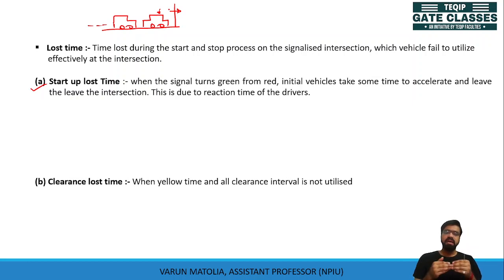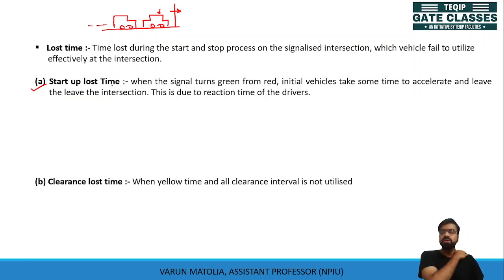Let us say we have 40 seconds of green duration. The driver is active, but when he observes that red turn to green, he reacts, and this reaction takes some time.